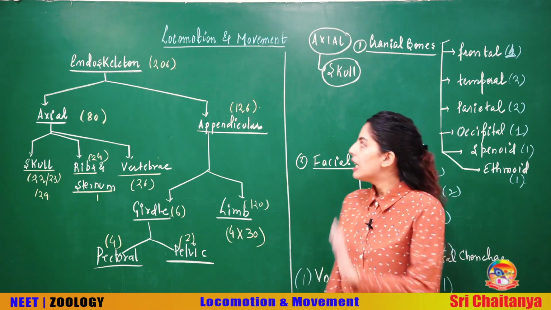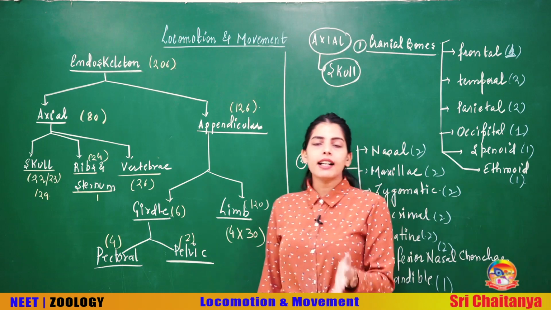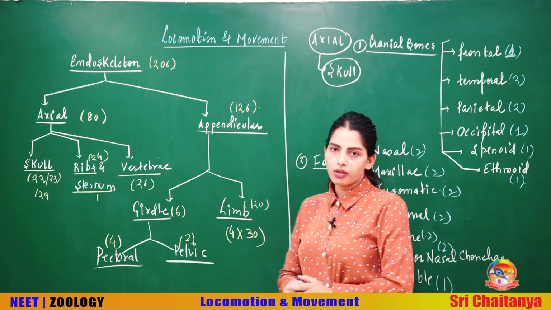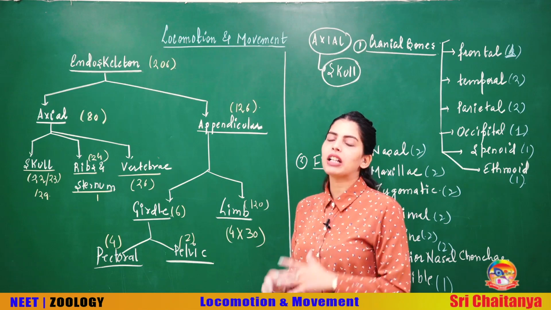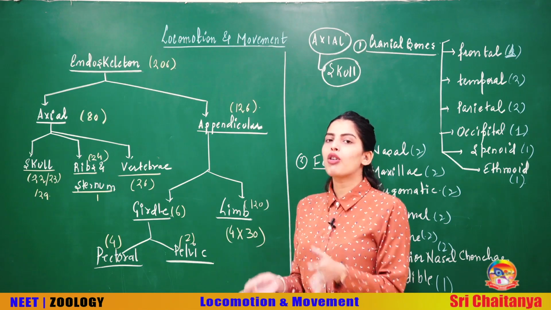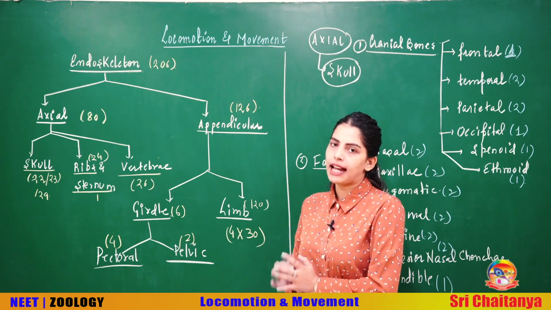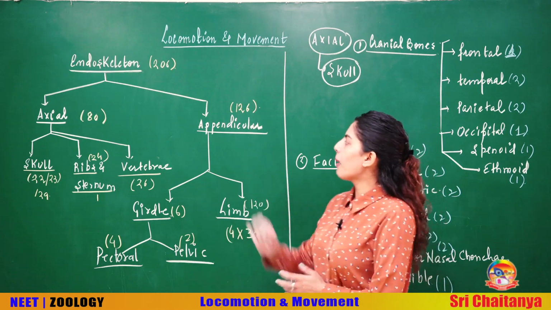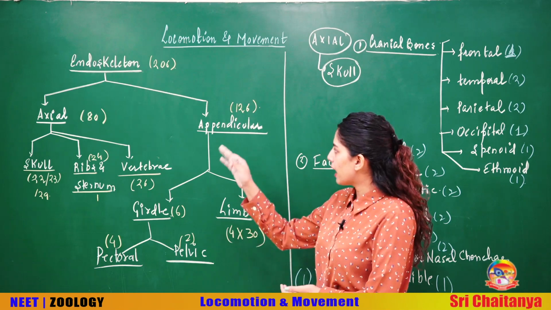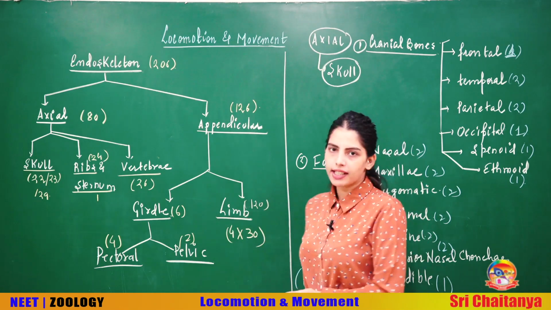So your endoskeleton, in adults, we have 206 bones. At the time of birth we had a large number of bones, but slowly the bones got fused and we were left with 206 bones ultimately. You can divide the endoskeleton into the axial skeleton and the appendicular skeleton.